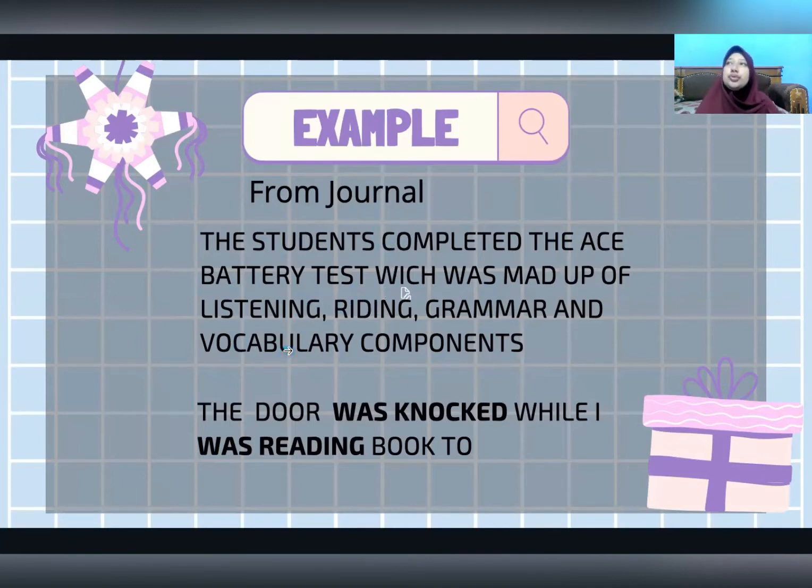Same as the simple past tense, in my children's storybook I cannot find this sentence, because my children's storybook dominantly uses present tense and action verbs. It tells about the activity of the ladybug in the present, not in the past or in the future.